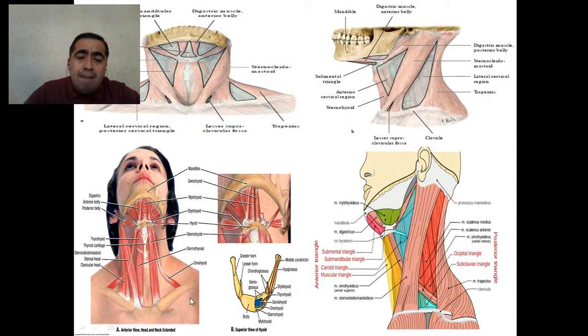It can be palpated to a lesser or greater degree, but the greater horn, the horn major, is better palpable and more pronounced than the body of the hyoid bone, and it is located between the thyroid cartilage and the mandible.